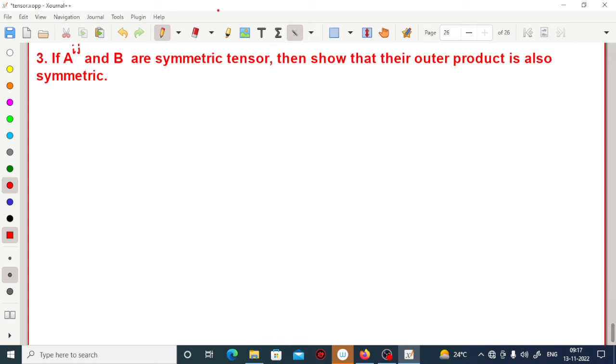Aij, Bij, these are the components of symmetric tensors. Then show that their outer product is also symmetric.